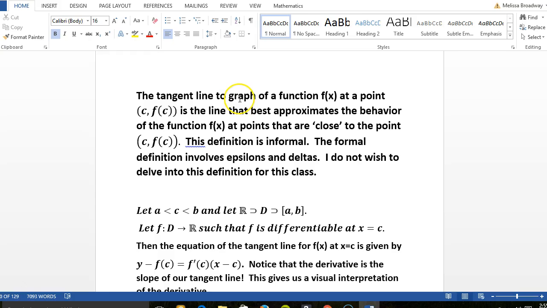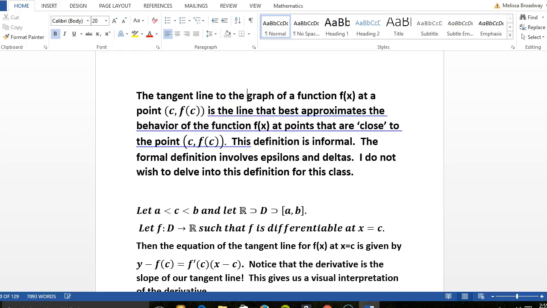The tangent line to the graph of a function f of x at a point c, f of c is the line that best approximates the behavior of the function f of x at points that are close to the point c, f of c.